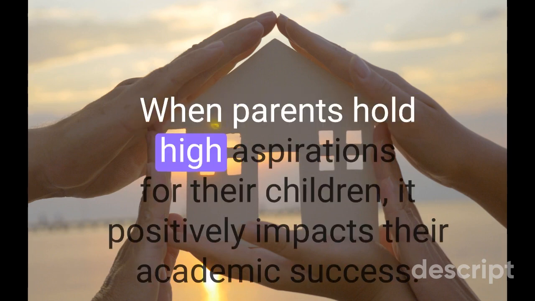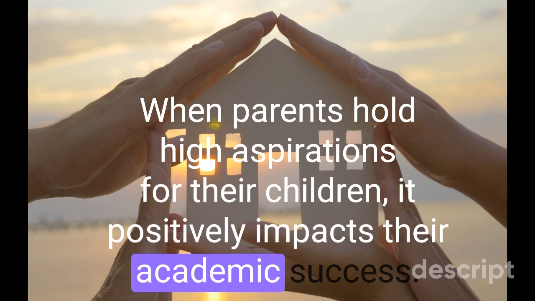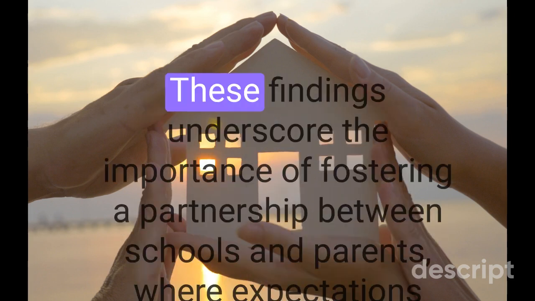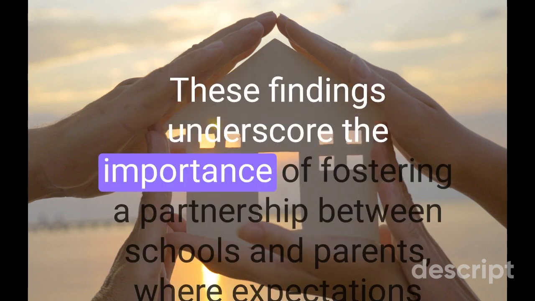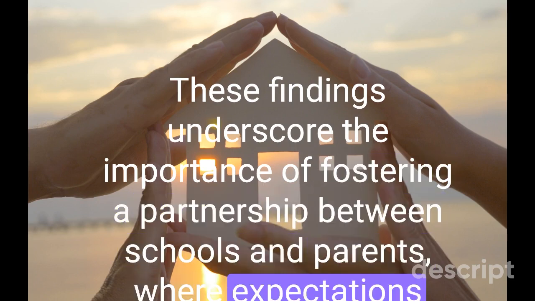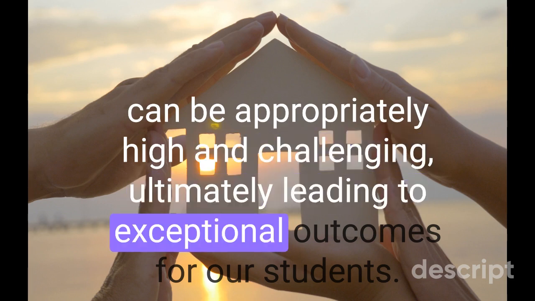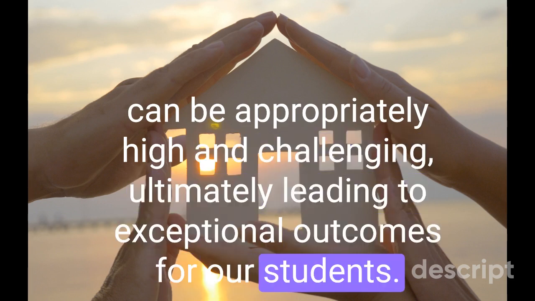When parents hold high aspirations for their children, it positively impacts their academic success. These findings underscore the importance of fostering a partnership between schools and parents, where expectations can be appropriately high and challenging, ultimately leading to exceptional outcomes for our students.